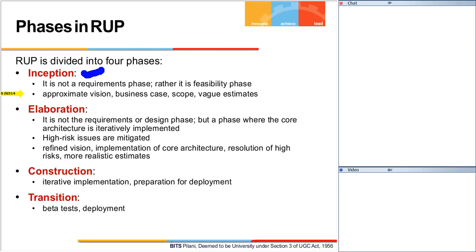Do not try to map the phases of the rational unified process, RUP, to the framework activities or the phases of the waterfall model, right? Because there is an overlap, so there is no direct mapping that you can do between these phases and the phases of the waterfall model or the framework activities.